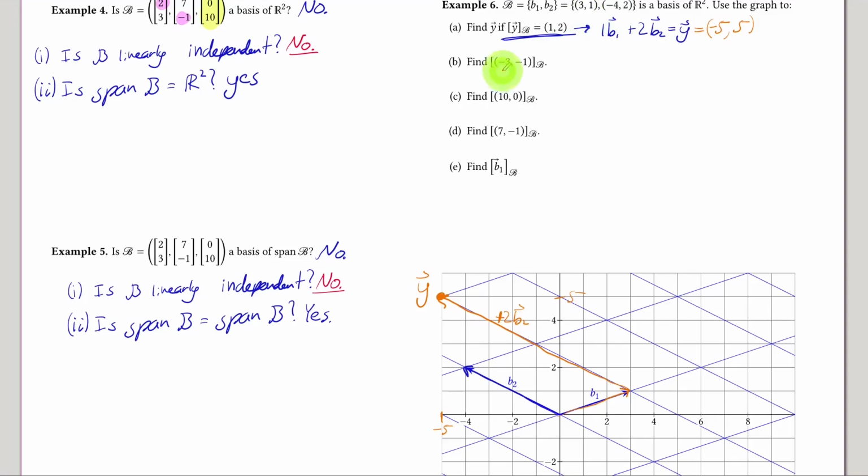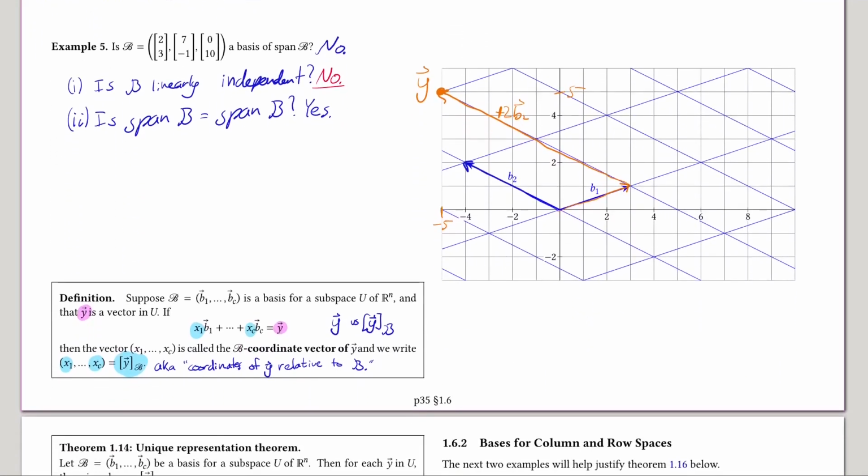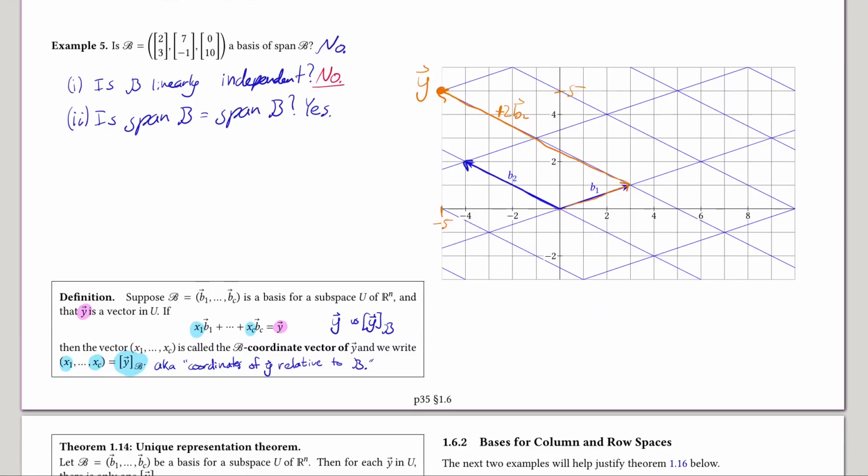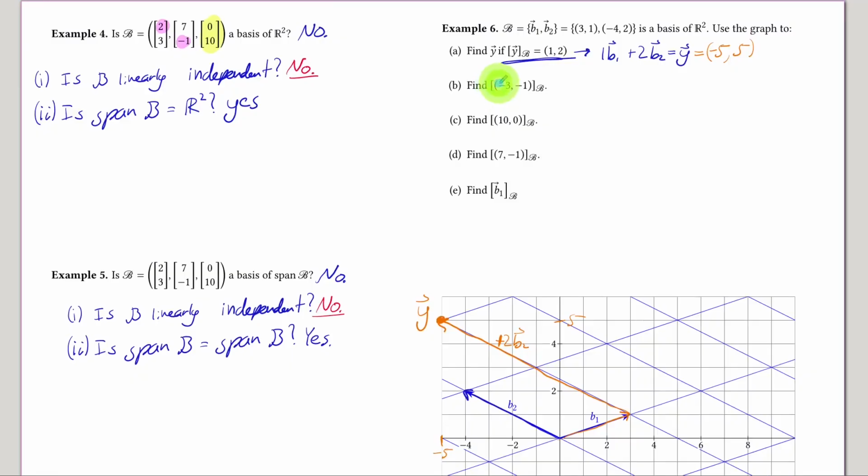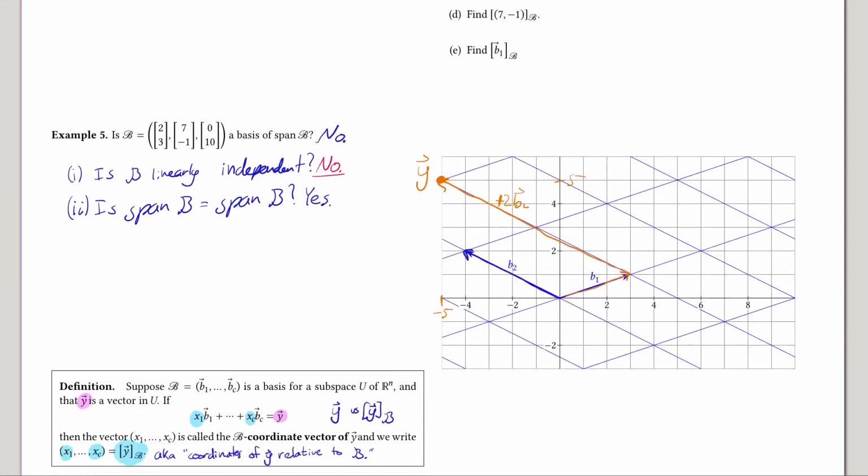All right, let's see. This says find the b coordinates of (-3, -1). So this is saying we want to know the coordinates of something. We want to know what is the x1 and the x2 that gives you (-3, -1).